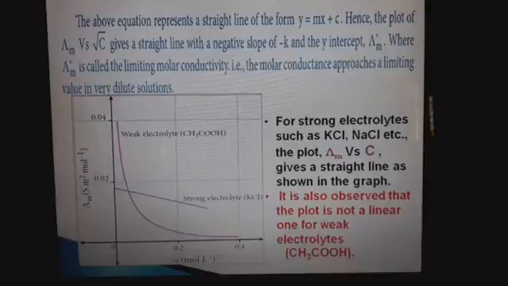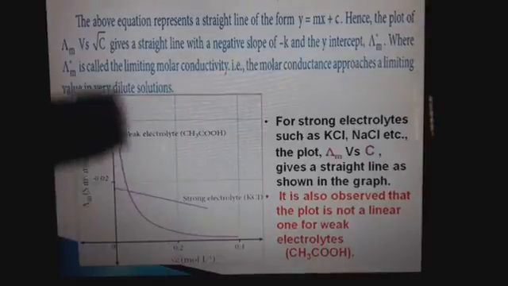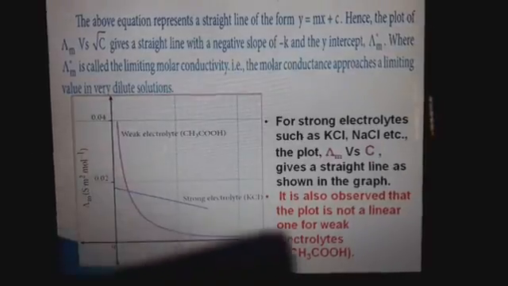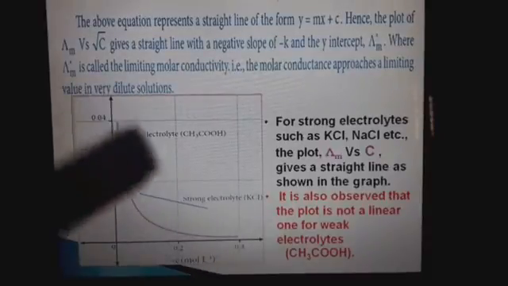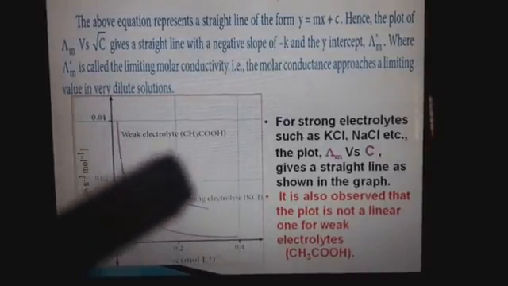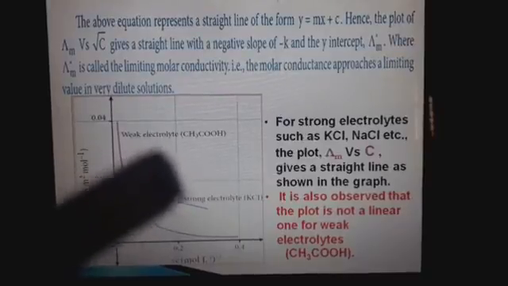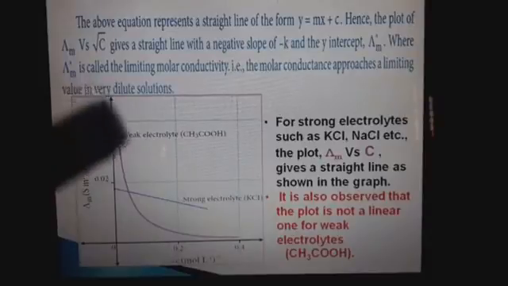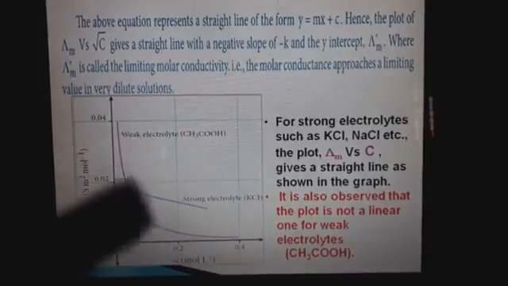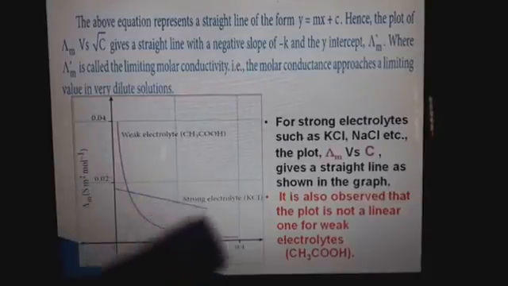So for the weak electrolyte, lambda m decreases with increasing concentration, because of less dilution. This is the graph.